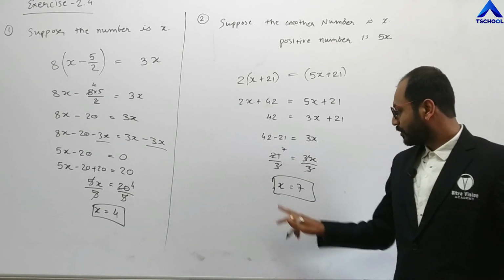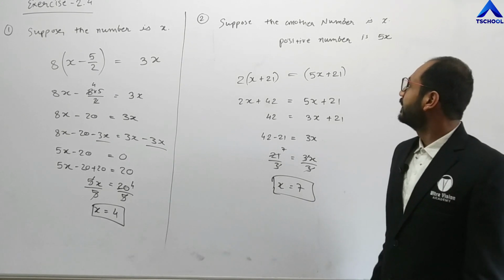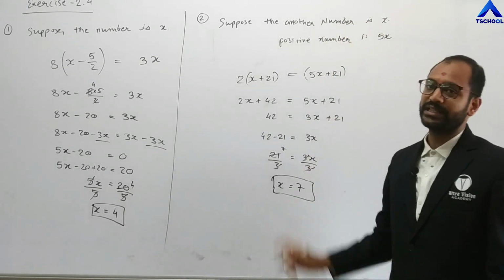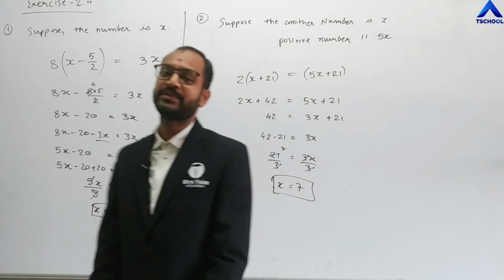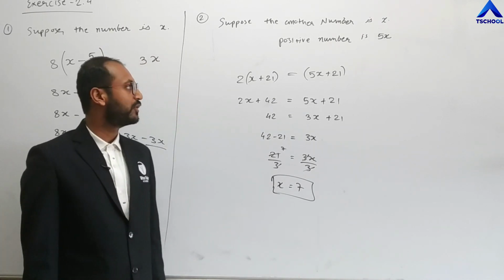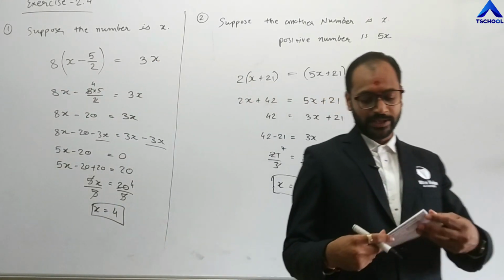Clear? So we get x equals 7. Here the other number is 7. And what should be the positive number? That should be 5 times 7, that means 35. Clear? In this manner we can solve some more problems.